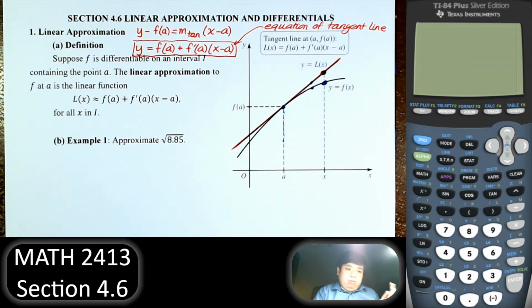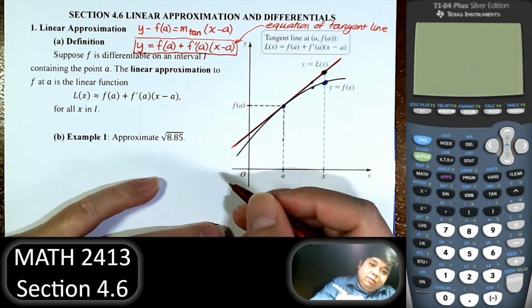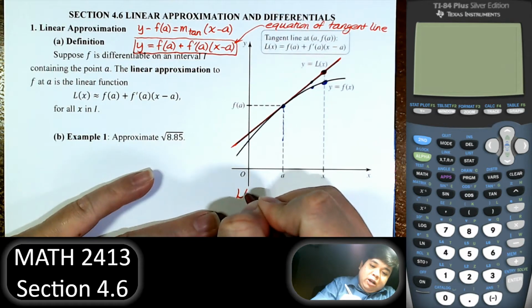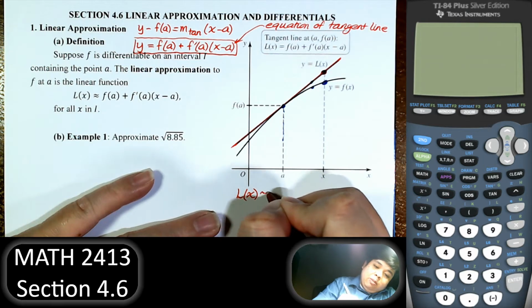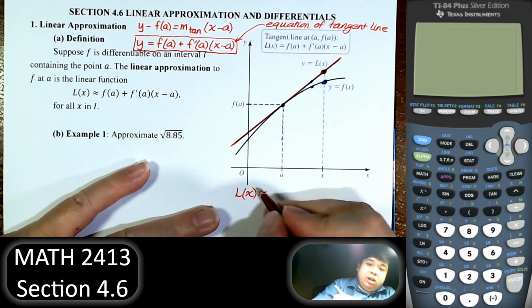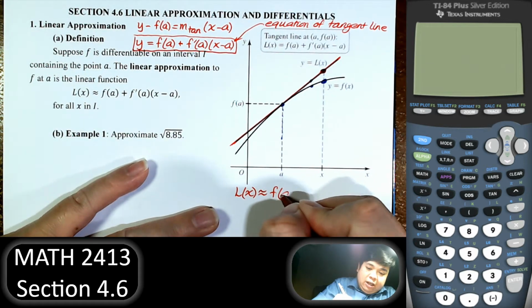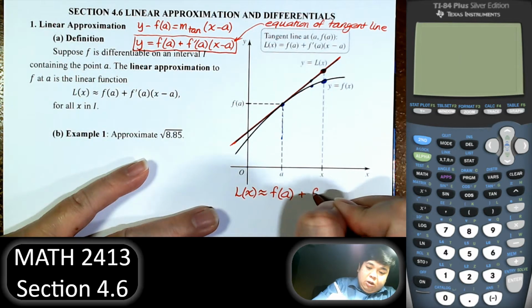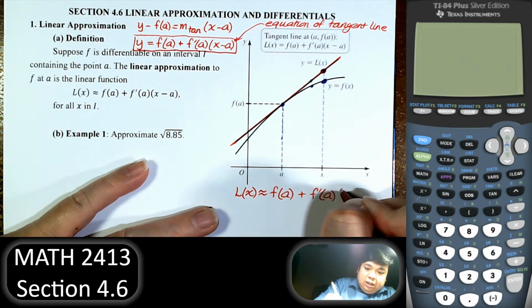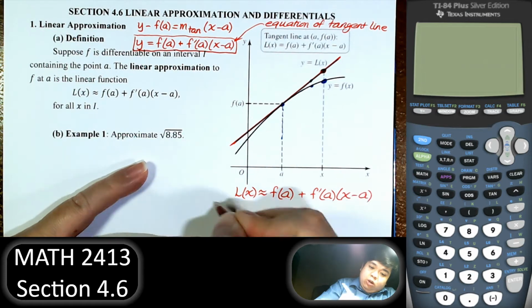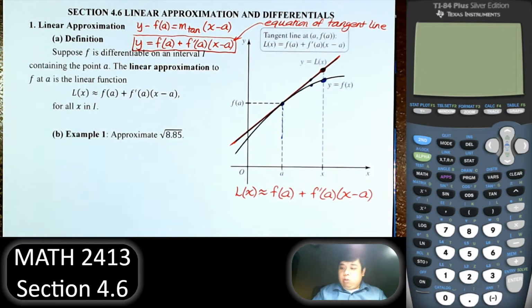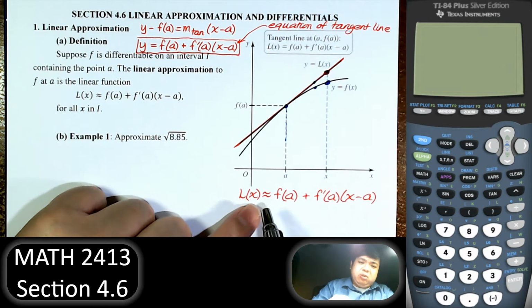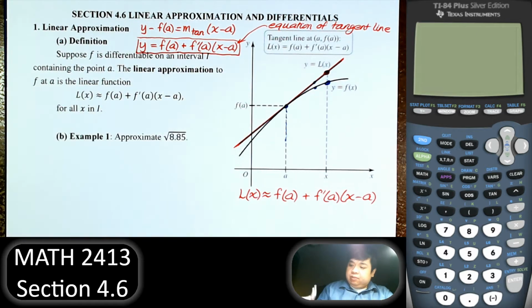So before we do anything, let's just write out the linear approximation. f of x approximately equal to the value of the function at a plus the derivative at a times x minus a. So we're going to use that formula for linear approximation, which is of course the equation of the tangent line.